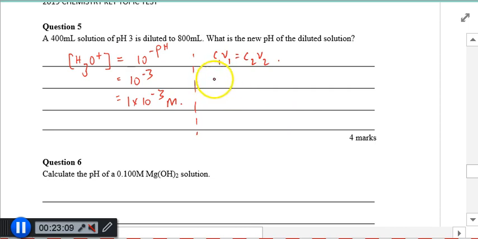C1 is this. V1 is 400 mil, or 0.4 liters. Let's just use liters. It doesn't matter if you use mils or liters really in this equation, as long as you use the same units for V1 and V2. So V1 is in liters, V2 is also in liters, and C2 is what we want to find. So this is H3O plus diluted.